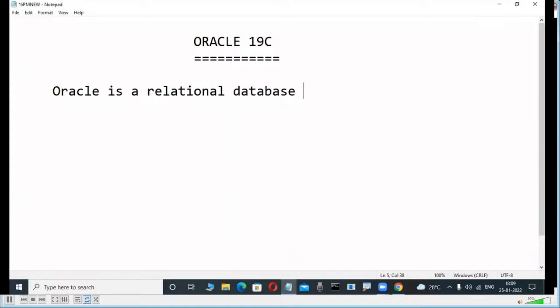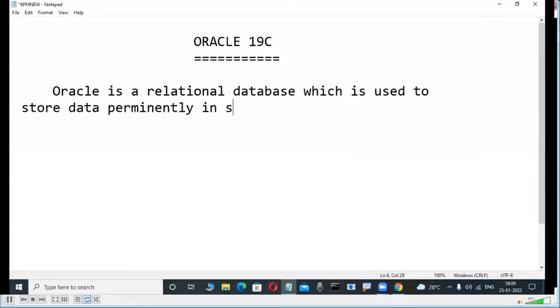A relational database is used to store data permanently in secondary storage devices. Oracle is a relational database which is used to store data permanently in secondary storage devices.